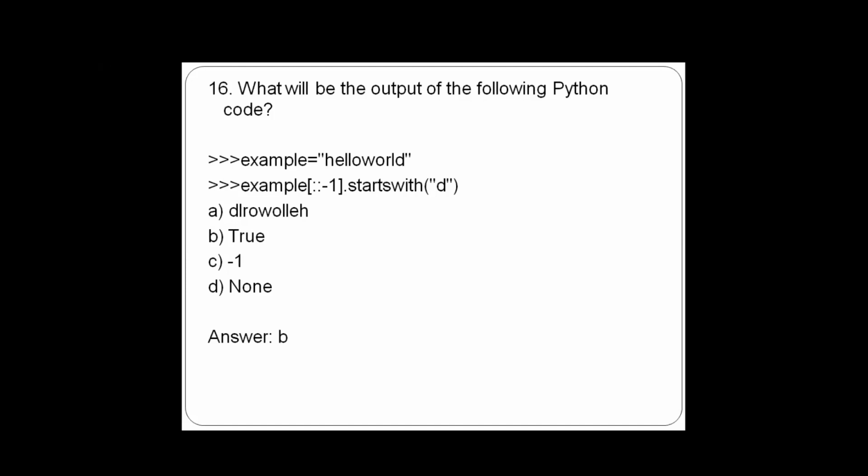Even if you don't understand the code, just remember that whenever you have a startswith function, the result should always be a Boolean. Only True is a Boolean option here, None is not, so the answer will be True.